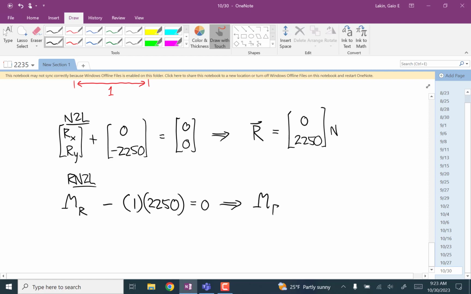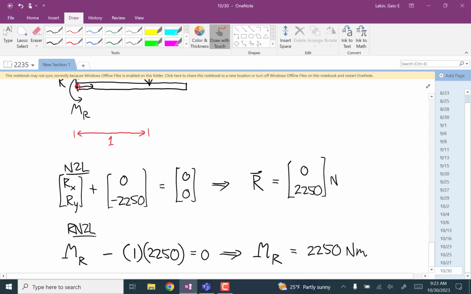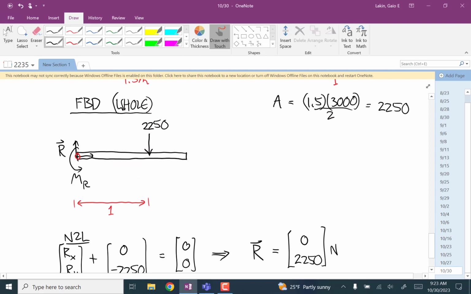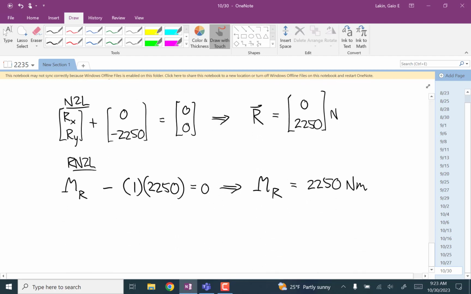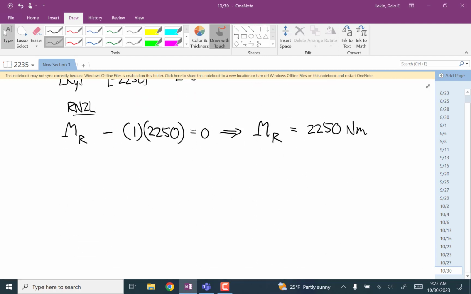So the couple is positive 2250. Does that make sense intuitively? Well, that 2250 is going to try to make it rotate clockwise, and so in order to counteract that, the wall has to apply a counterclockwise moment to it, and so that's going to be positive. So yeah, that makes sense. Okay, so now things are going to get ugly.